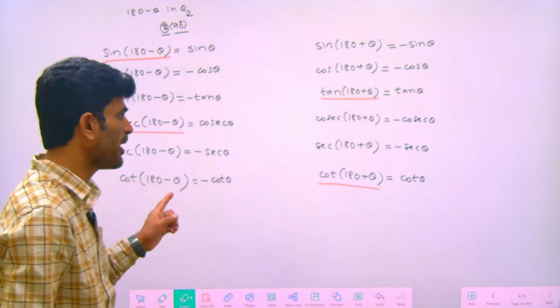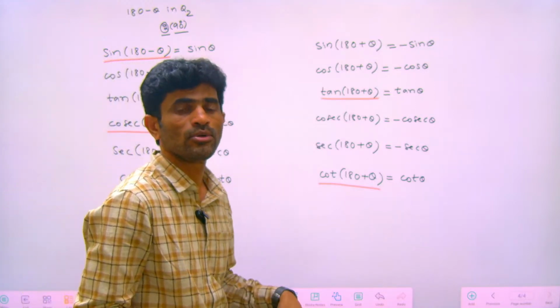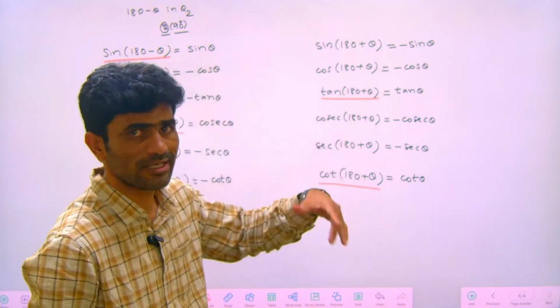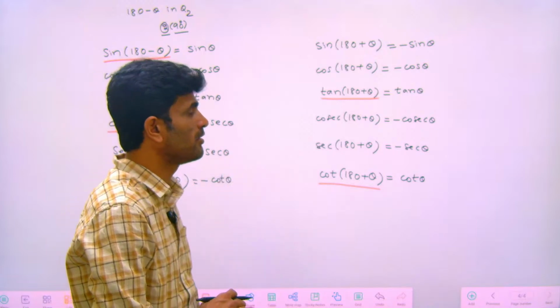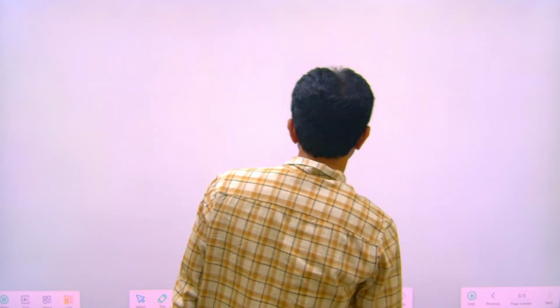Now we have seen 180 minus theta, 180 plus theta. Now let us see in the same way 270 minus theta, 270 plus theta. Problems we'll discuss later in the next class. But today try to understand in which quadrant, which trigonometric ratio, how it will be changed. So next, 270 minus theta.